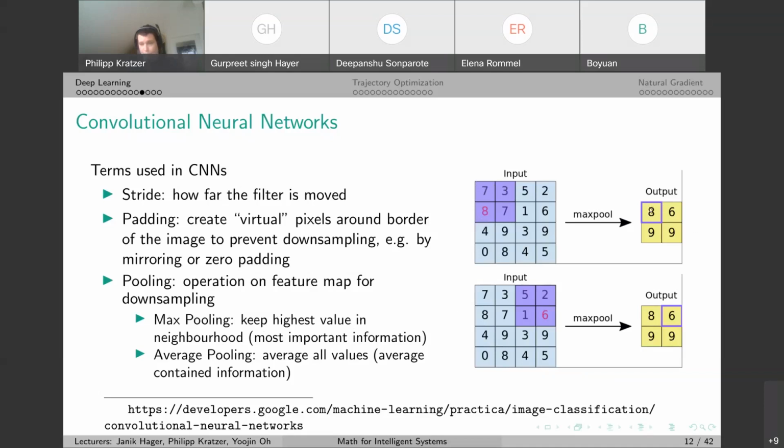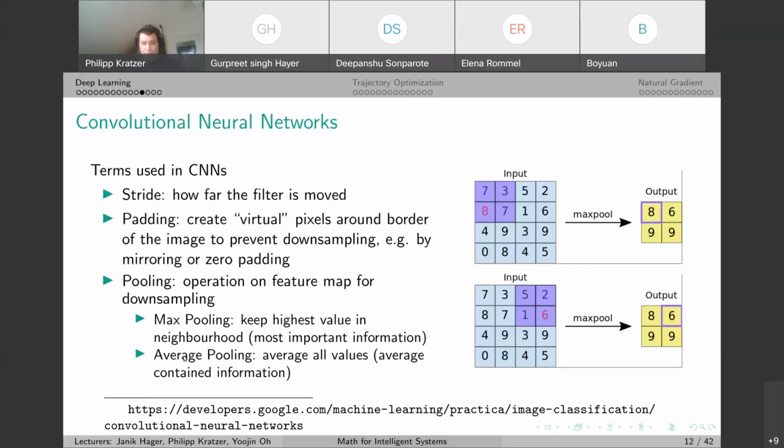So we have an output of 8 here, and then we move to the next part, where the 6 is the highest number, so we'll have an output of 6. In the bottom two neighborhoods, this square and this square, there is a 9 and a 9, so the output will be a 9 here and a 9 here. And this makes the feature space smaller.